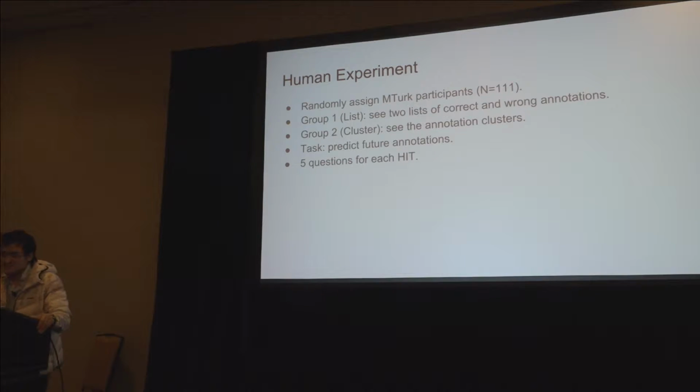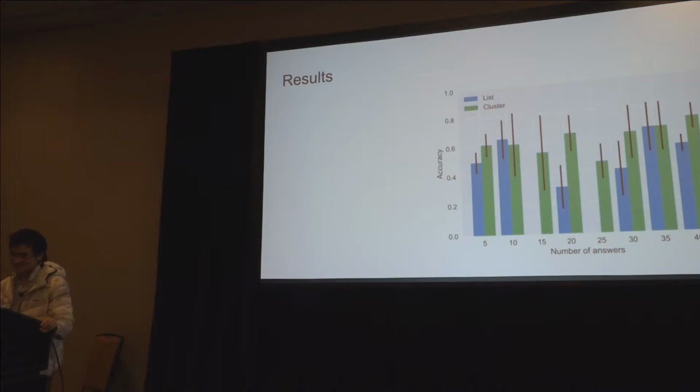We have 5 questions for each Mechanical Turk hit, and they can just do 1 hit and quit, or they can do as many as they like. A lot of people quit actually. So these are the results.